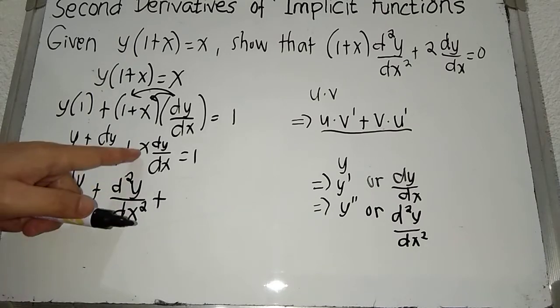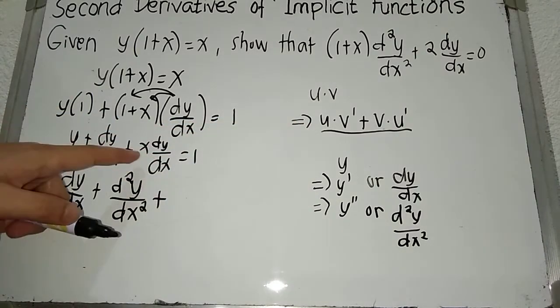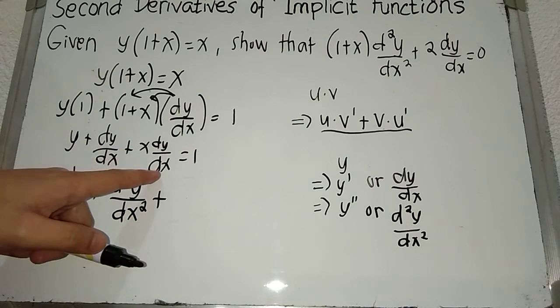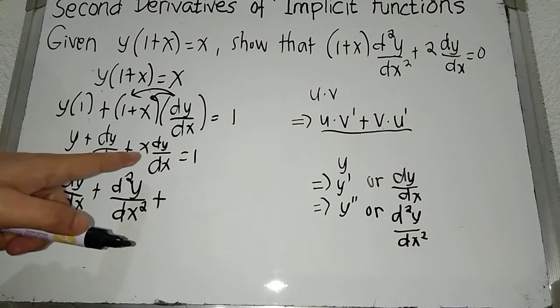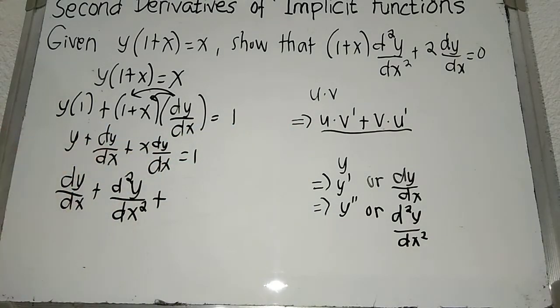Plus, this is still the product rule, so our u here is x and our v here is dy over dx. So we will be using the same formula for the product rule for this third term.